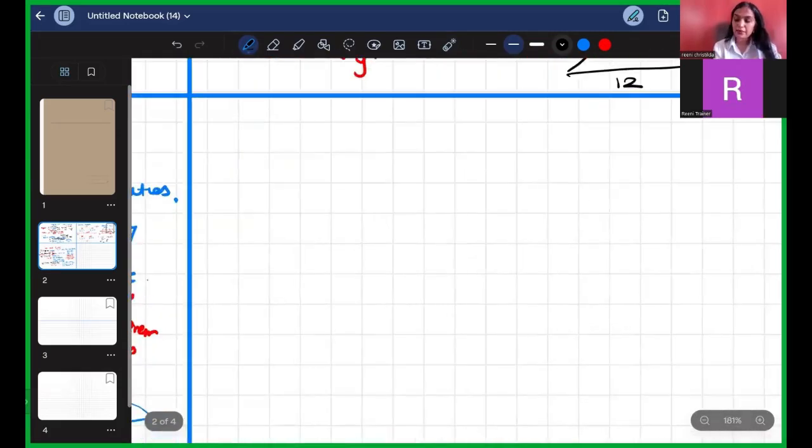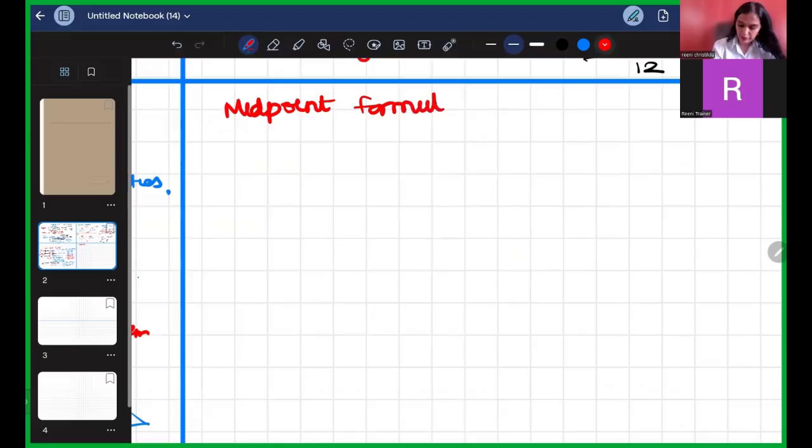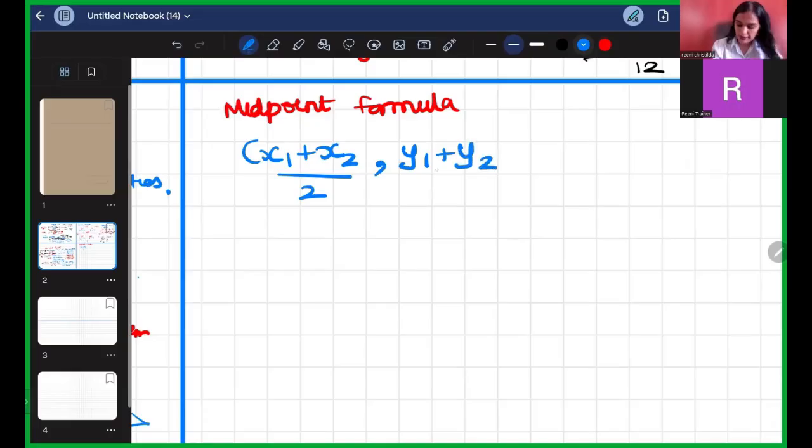Now we have the midpoint formula. So what is the midpoint formula? It is (x1 plus x2) by 2 and (y1 plus y2) by 2. This is the midpoint formula.